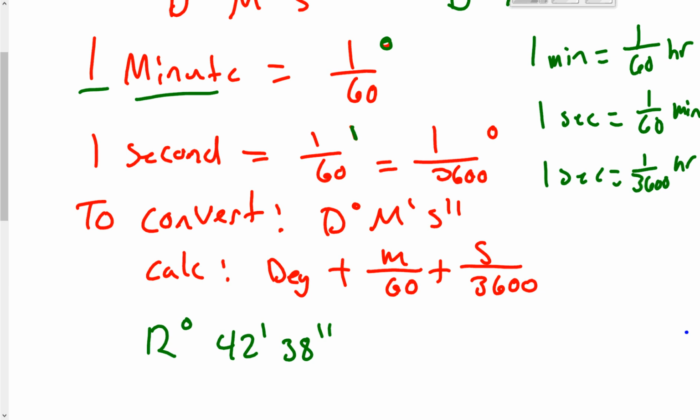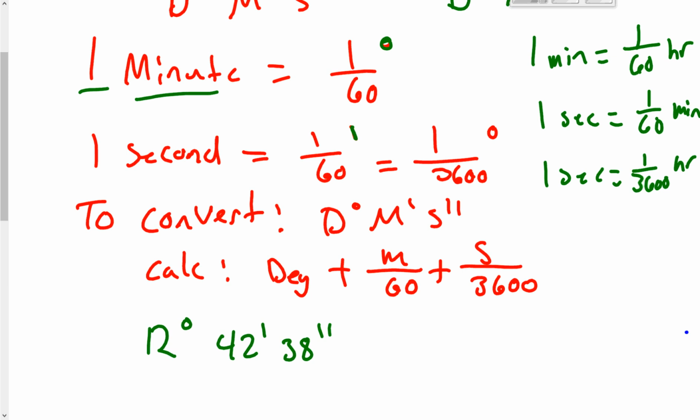So in order to calculate to degrees, minutes, and seconds form, what you want to do is the degrees will stay your degrees. Okay, then whatever your minutes are, you divide that by 60, because there's 60 minutes in one degree. And then you'll take your seconds, however many seconds you have, and you'll divide that by 3,600.